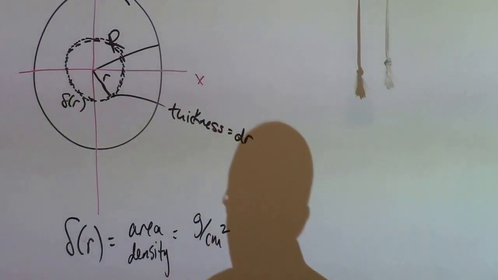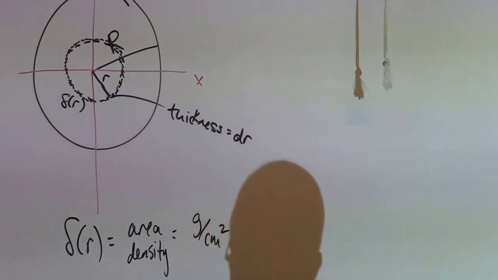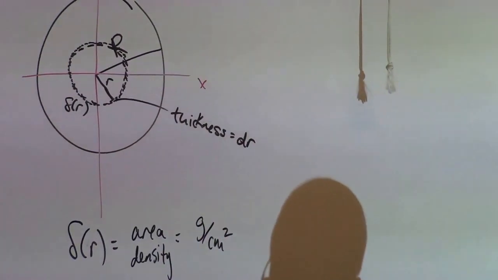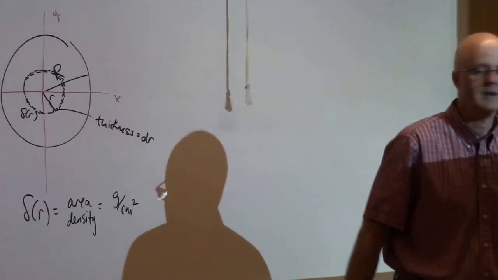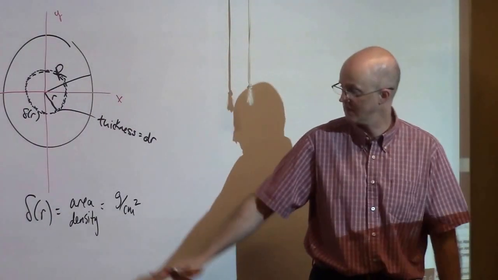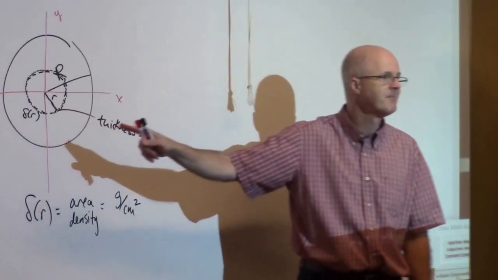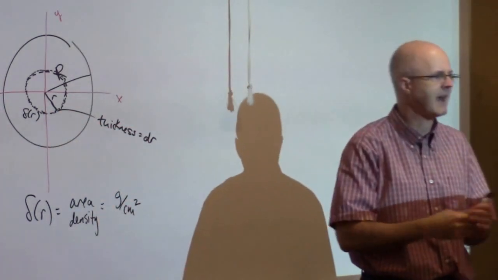How would you find the mass of such a thin ring, other than putting it on a scale? Think theoretically here. You'd have to take its area density, which is going to be constant, essentially, because we're at a fixed r, and multiply times its area.